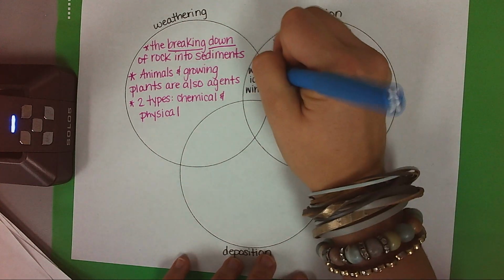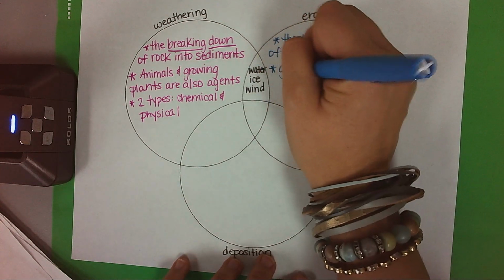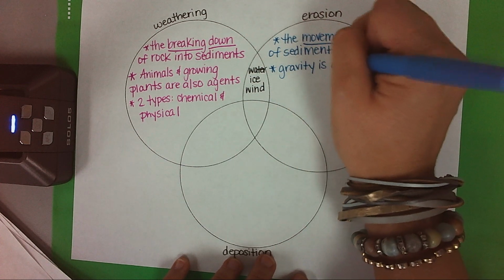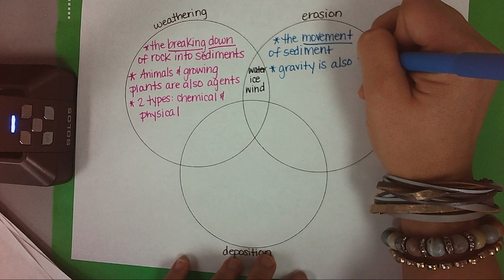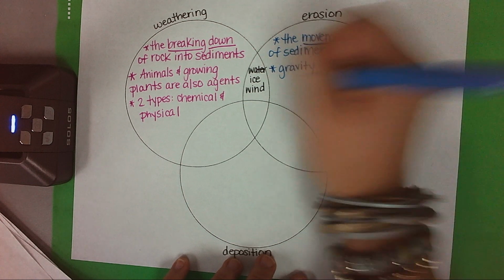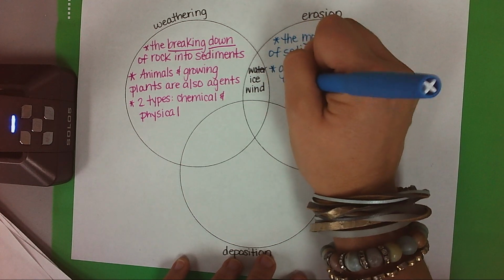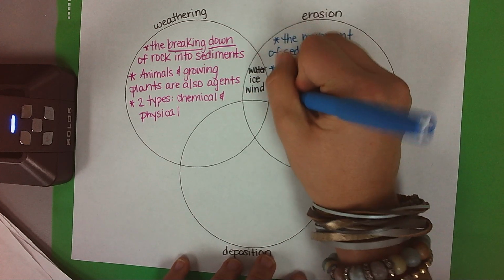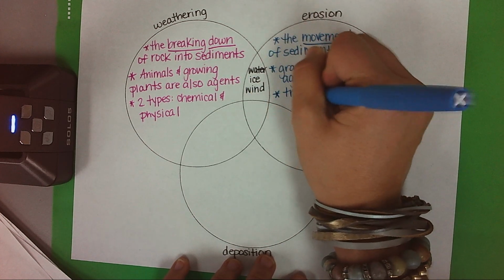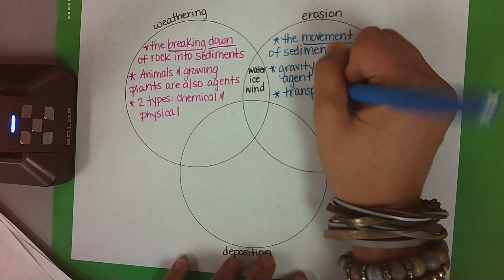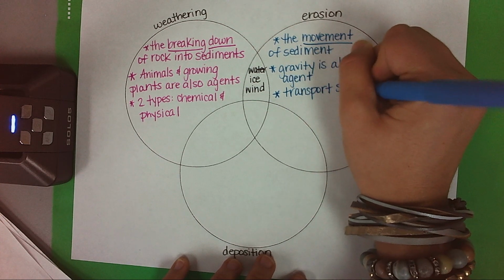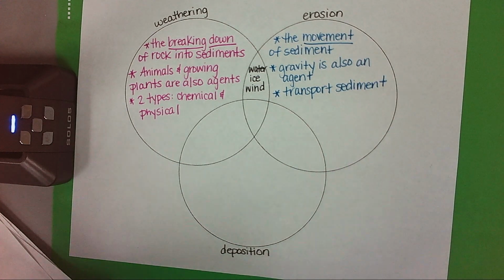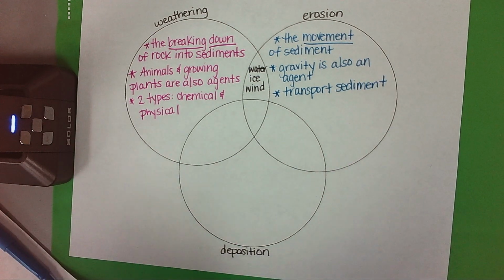Alright, gravity is an agent of erosion. And so erosion is going to transport sediment. It's going to transport sediment.